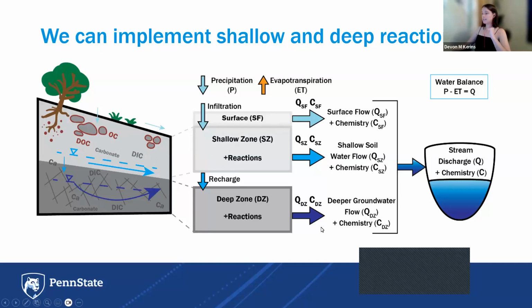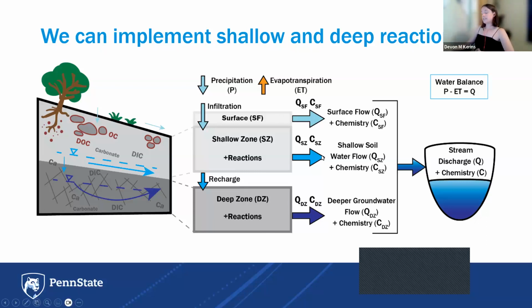The third flow path is this deep zone flow path that really represents these deeper and longer flow paths where water stays in the system long enough to be important in terms of reactions that take a longer amount of time. So these reactions would be most associated with weathering reactions, and thus this deeper zone flow path tends to carry more geogenic species to the stream.